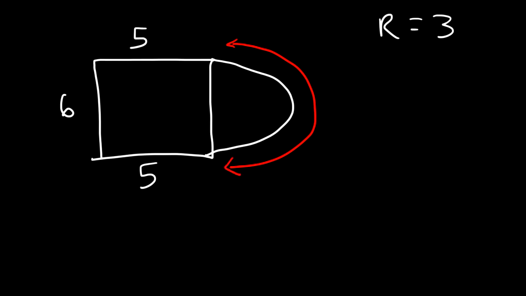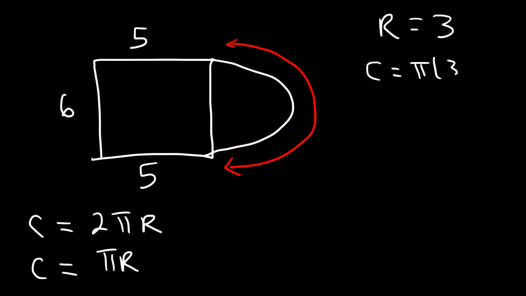of the semicircle. The circumference of a complete circle is 2 pi r. For a semicircle, it's half of 2 pi r, so it's simply pi r. So that's going to be pi times 3. So 3.14 times 3, that's about 9.42.